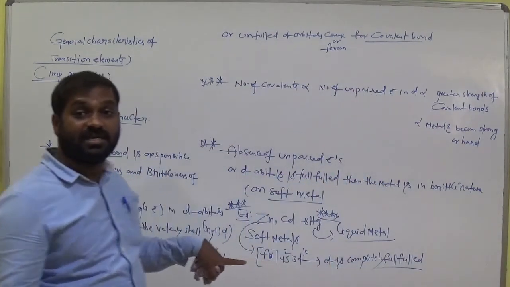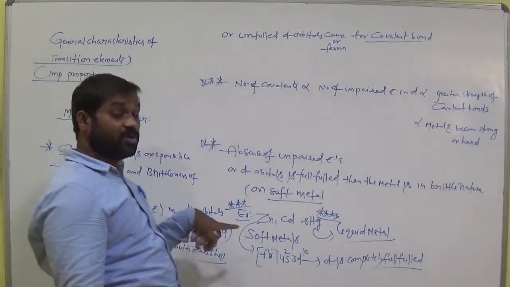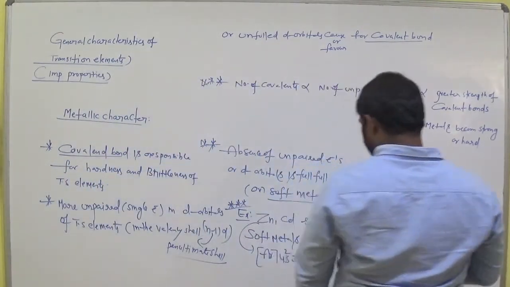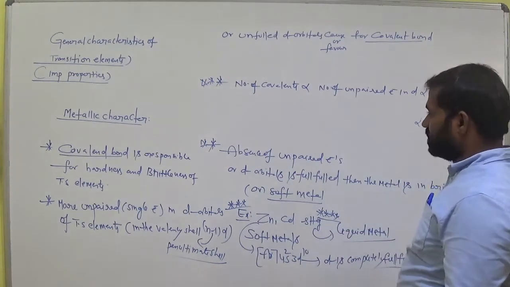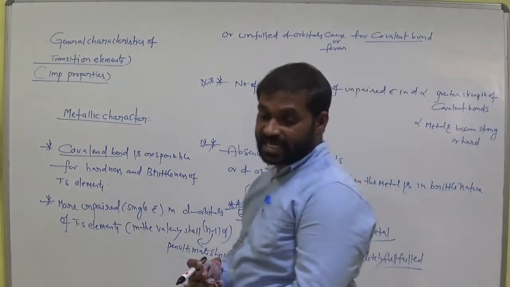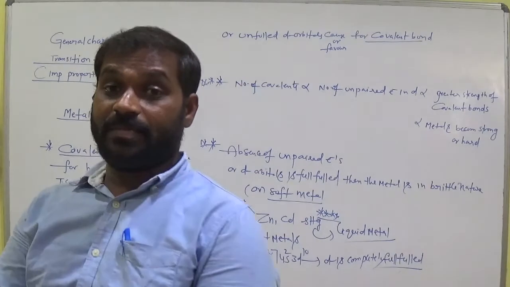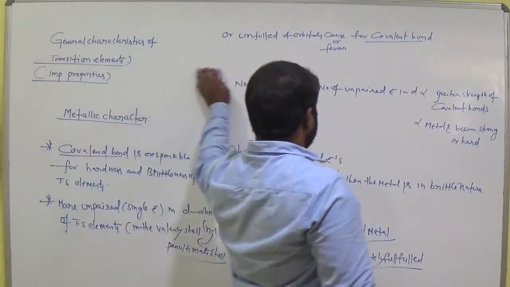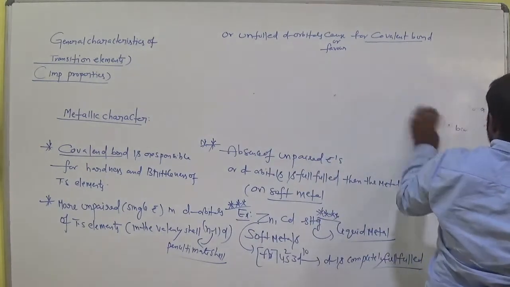So metals are soft in nature in this case. Why? Because there is no unpaired electron. Unpaired means single electrons. Even mercury is almost a liquid metal. Which of the transition elements acts as a liquid metal? Mercury. Remember this, very, very important.